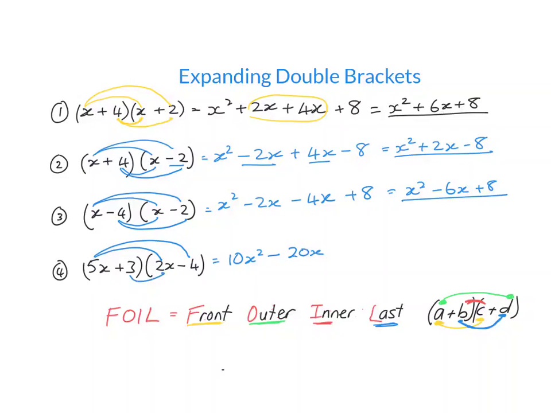Inners, 3 times 2x is 6x. And last, 3 times negative 4 is negative 12. Tidying up that, 10x squared, minus 20x plus 6x is going to be minus 14x minus 12.